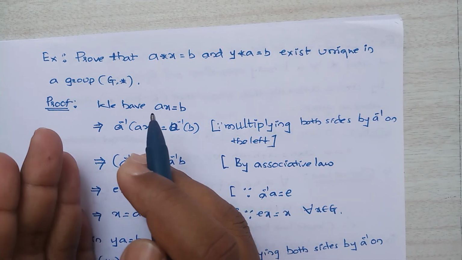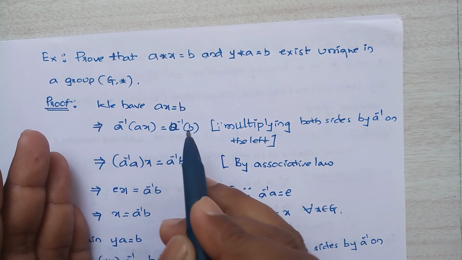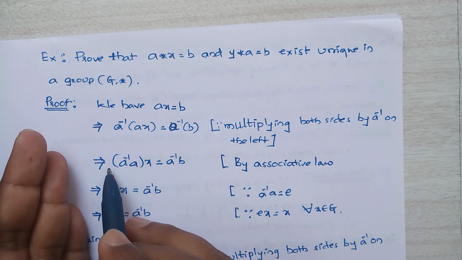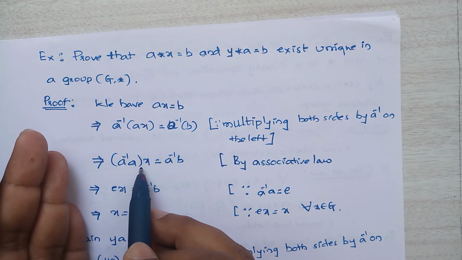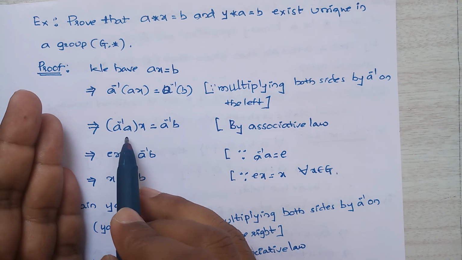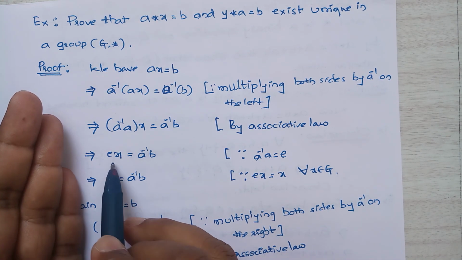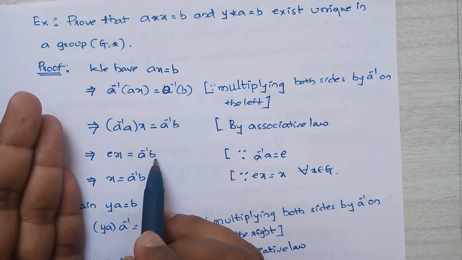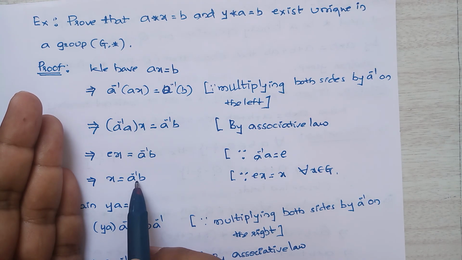So A inverse (A x) is equal to A inverse B. Using the associative law we can write (A inverse A) x is equal to A inverse B. A inverse A is what? E. So E x is equal to A inverse B. Therefore x is equal to A inverse B.